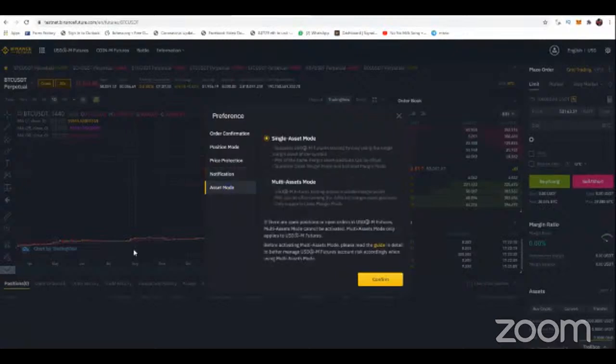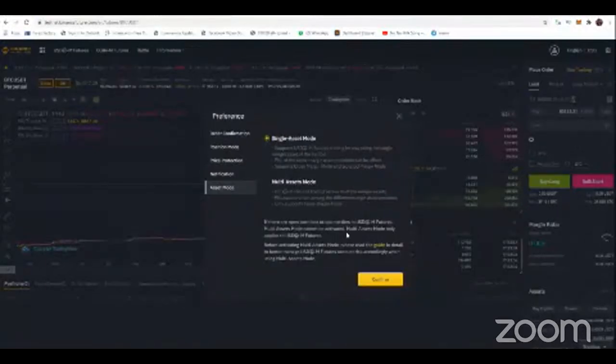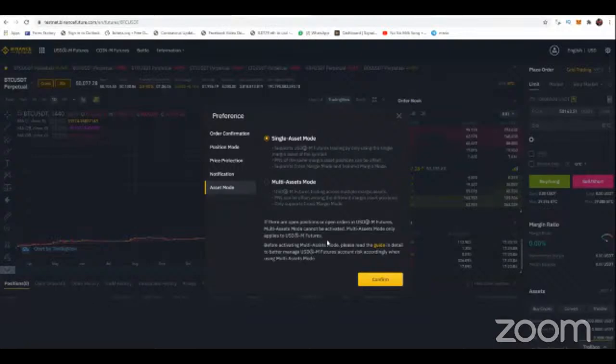And then asset mode. Also for the asset mode, you don't really need to change anything about this. The difference between the two is what has been explained here: if there are open positions or open orders in the USD stablecoin margin futures, multi-asset mode cannot be activated. Multi-asset mode only applies to US dollar margin futures.